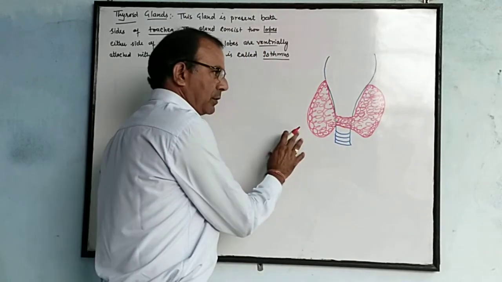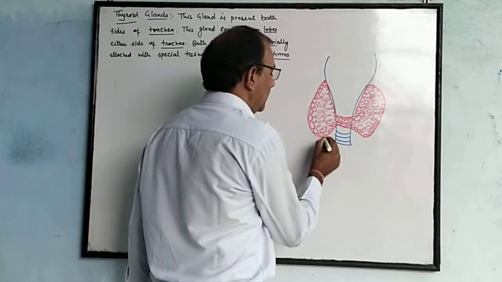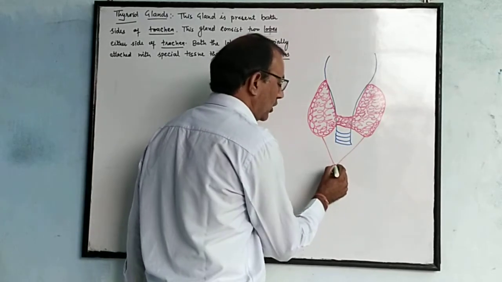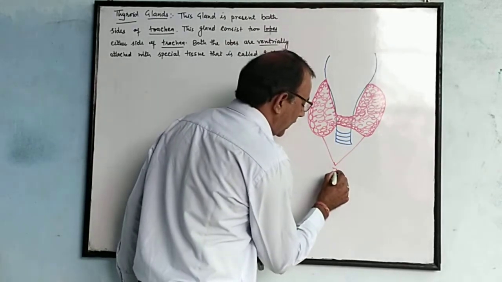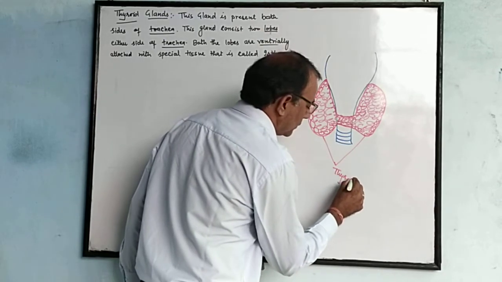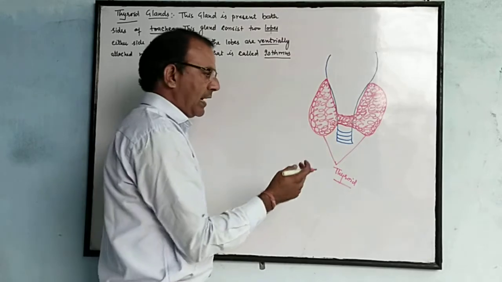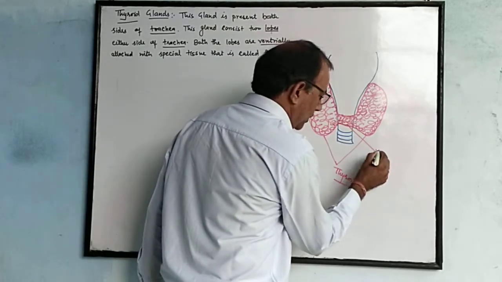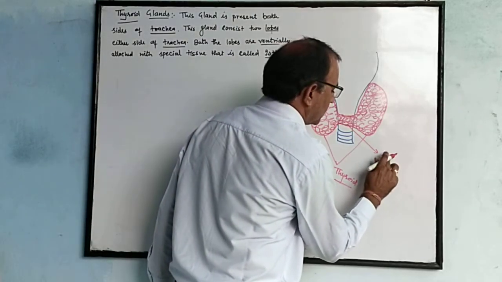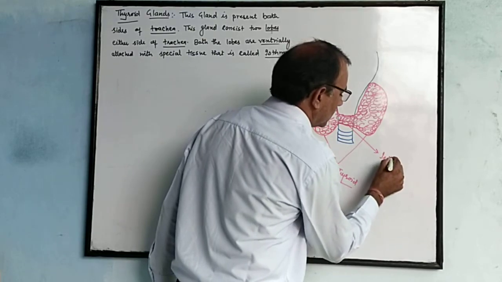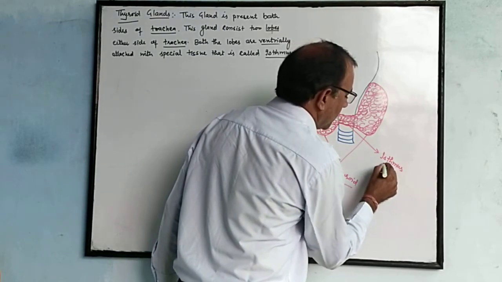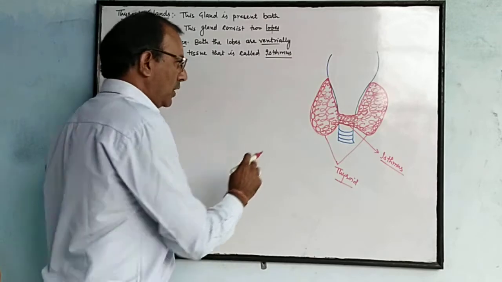There are two lobes either side of the trachea. Both lobes make the thyroid gland. Both lobes ventrally, it means on the frontal side, are attached with a special tissue. This is called isthmus. Clear?